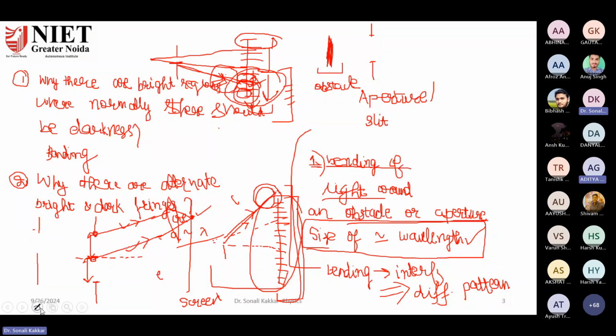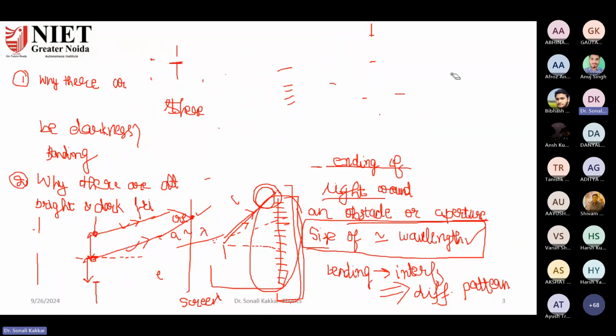Ma'am, repeat. Okay. So in case of interference, what was Young's double slit experiment? This is slit S1. This is slit S2. There was a screen.